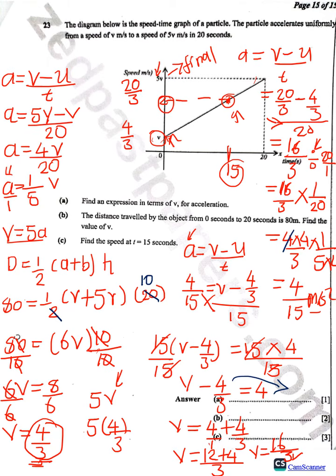So this is the speed of this particle when the time was 15 seconds, and it's making sense since the value here is 4 over 3. Then this point is between that and the final, which is 20 over 3, so it's making sense that we have 16 over 3.